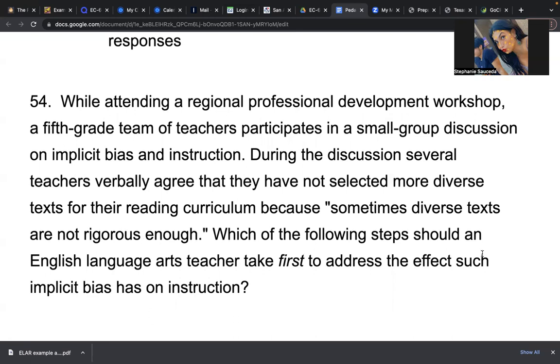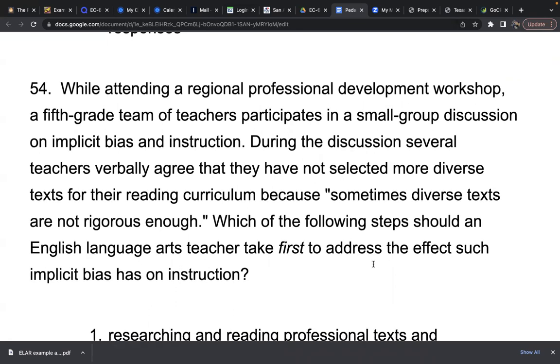Which of the following steps should an English language arts teacher take first to address the effect such implicit bias has on instruction?